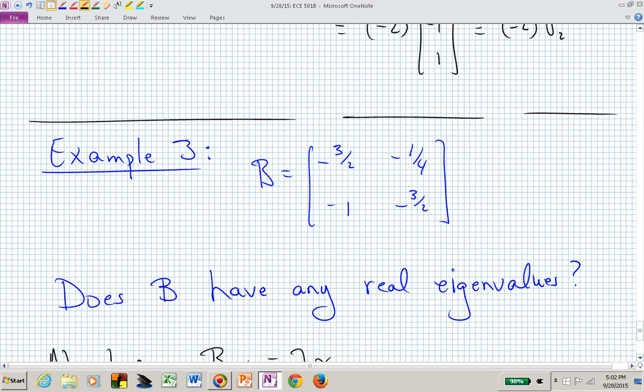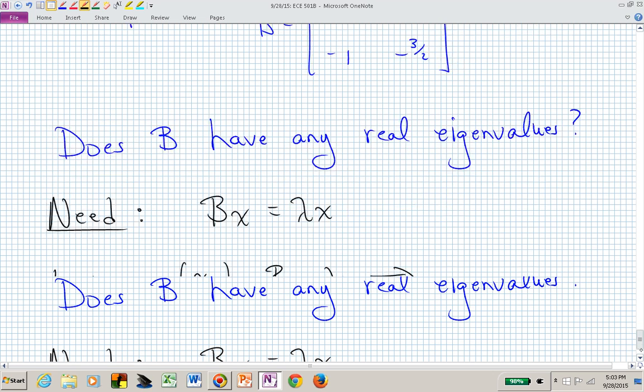It doesn't matter unless I say what the field is that we're playing on. I haven't yet said that, but I'm really saying, let's pretend we're playing in the real numbers. Does this allow us any eigenvalues in the reals? Let's see if we can answer that question.